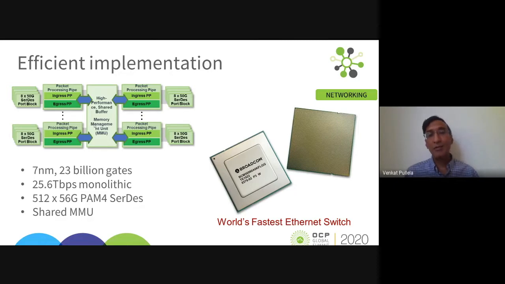You really have to optimize every inch of it. I try to abstract from it, but I want you to be aware that the ideas are pulled out of the context of one of the fastest ASICs that we have.